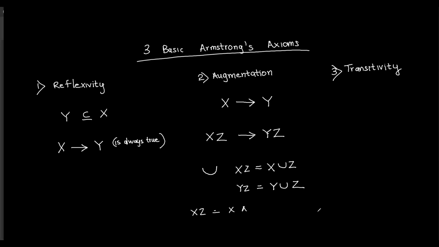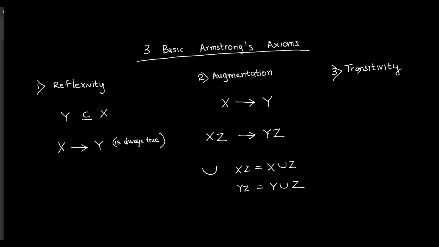This is the notation they are using, and I can't do anything about that. And for intersection, you won't believe me, X comma Z is represented as X intersection Z. Seriously, I don't know why they did this, but this is the second axiom.